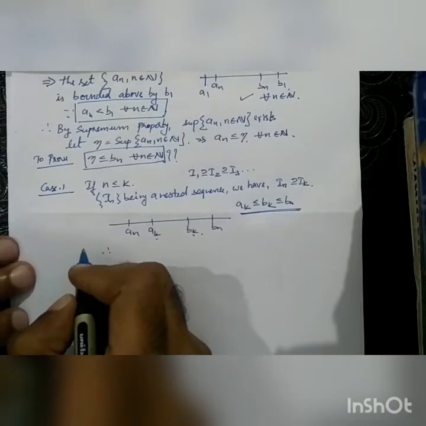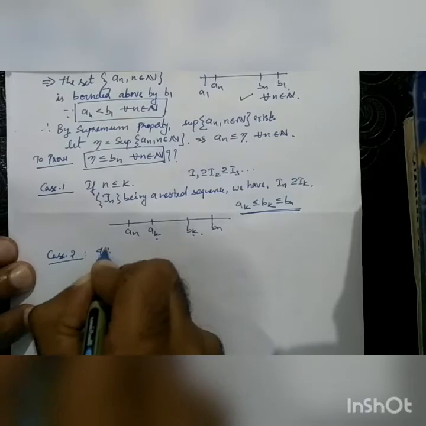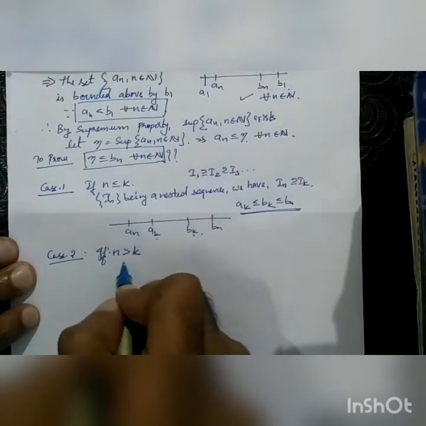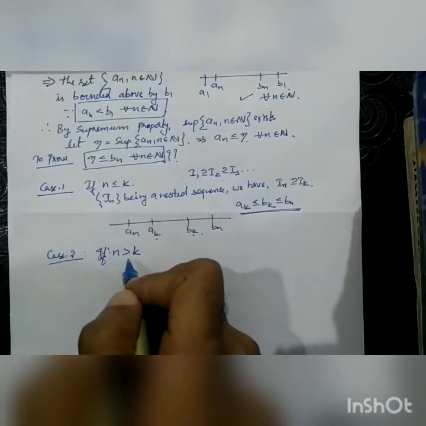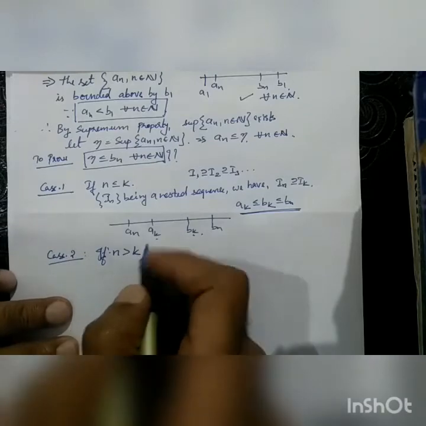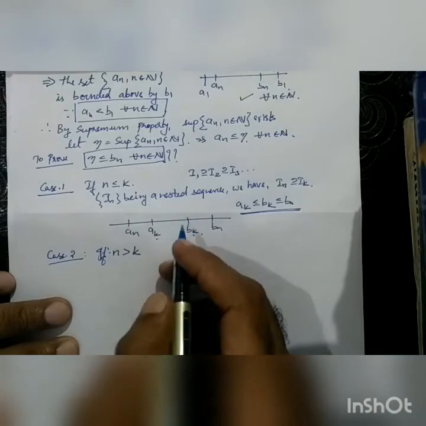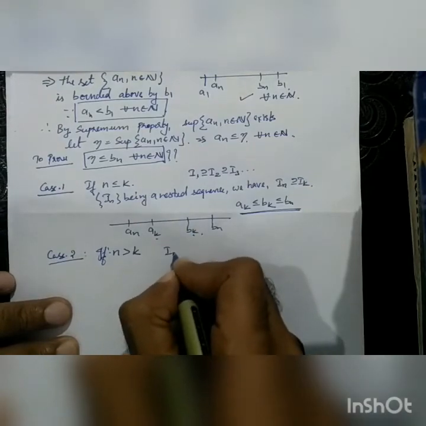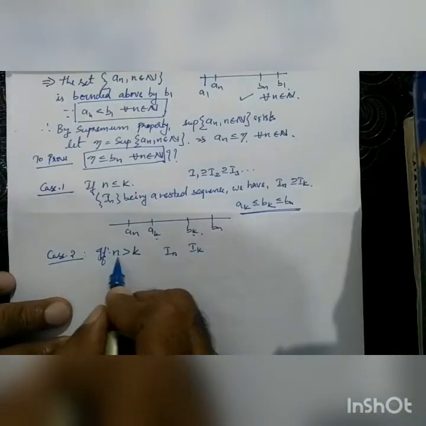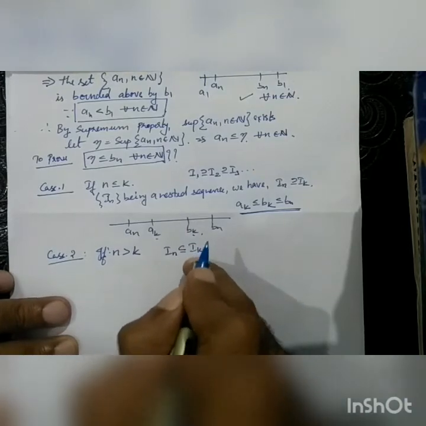Now case 2. What does case 2 say? Here we had n less than or equal to k, and here we consider n greater than k. See, here n is bigger and k is smaller. Therefore, as we argued previously, how will you compare In and Ik? n is bigger, therefore In will be smaller.